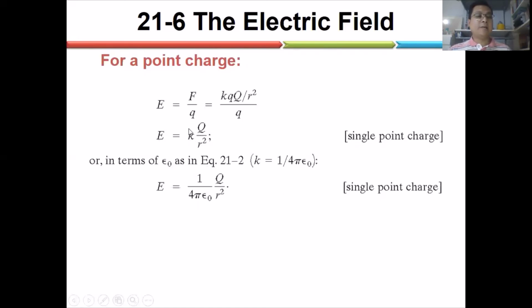If we relate K to the permittivity of free space, we can use this other formula. This is for a single point charge. For example, to calculate the electric field at Q1, if we have other charges, we can use the next Q.